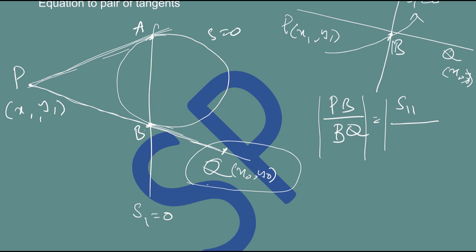That is the ratio in which the line is dividing the line segment. So I'll get BQ as S01 or S10, whatever you call it, it doesn't matter.